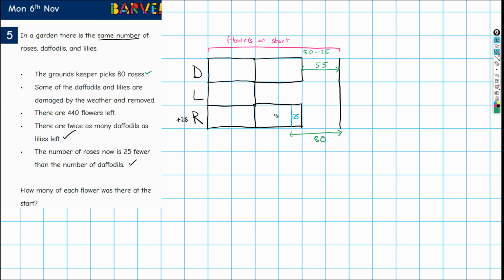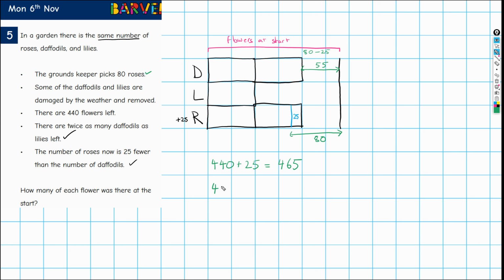Now, given that we have these equal parts, including this part, it makes sense that we add 25 to 440, giving us 465. And that then gives us a value for these 5 equal parts.